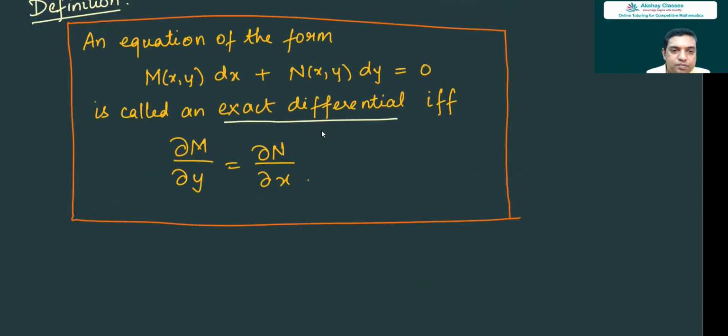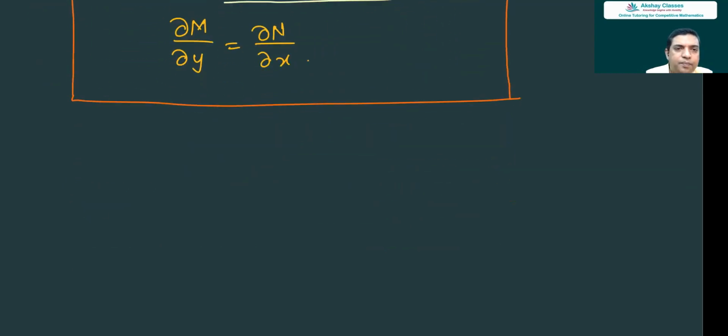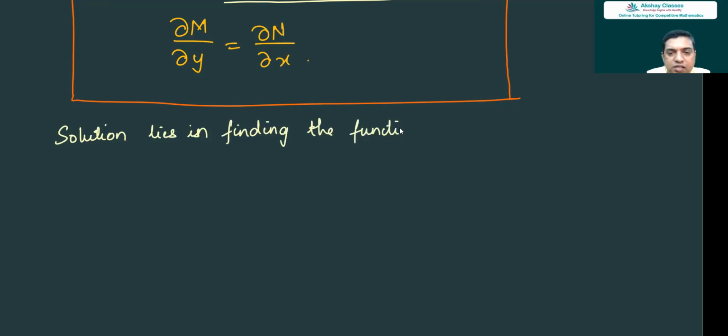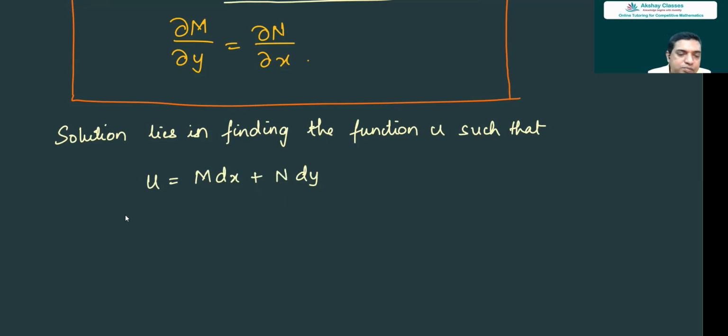Now the solution lies in finding the function u such that du is equal to m dx plus n dy, where m is equal to dou u by dou x.